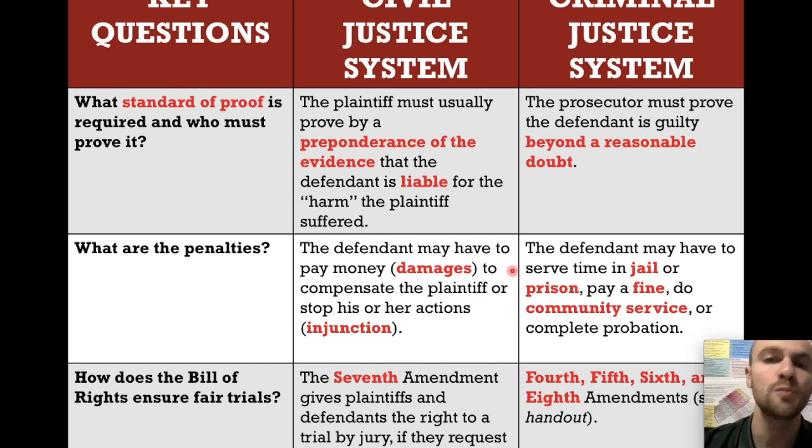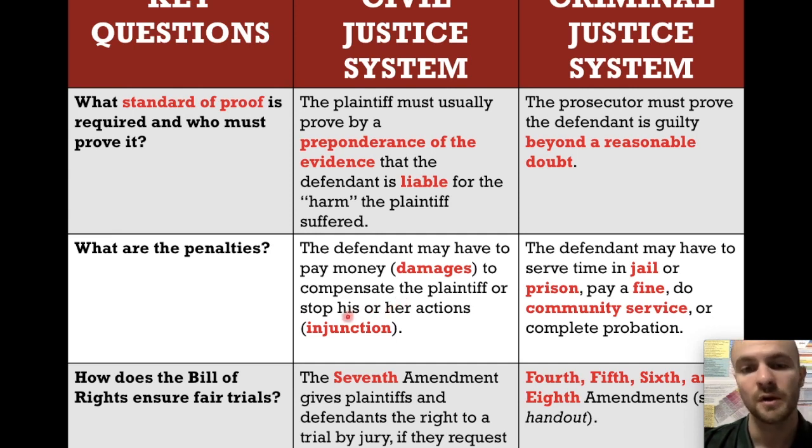Rather, the two penalties that exist in the civil justice system are damages, payment of damages. Remember, damages means money. So the defendant may have to pay money to compensate or make up for the harm that the plaintiff had suffered.